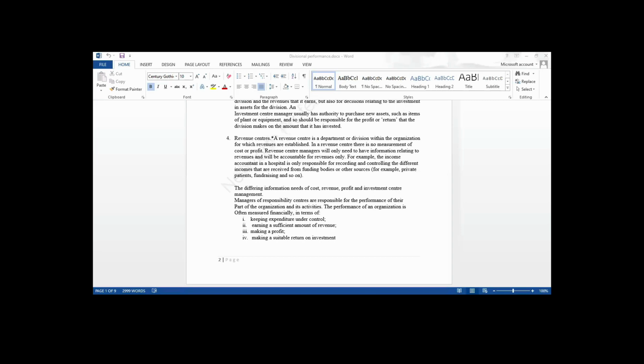It can never be a division. It could be a department, it could be a unit that is established only to generate revenue. They only collect revenue. They cannot even spend the money.